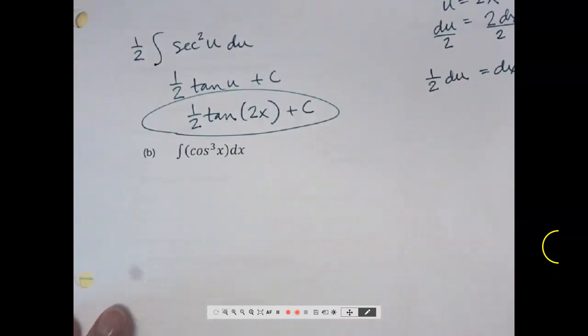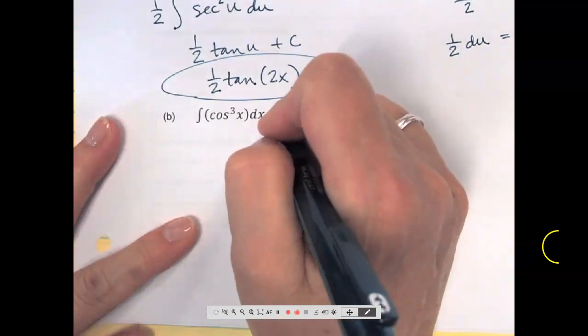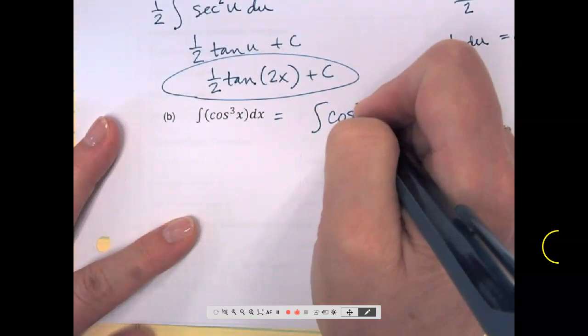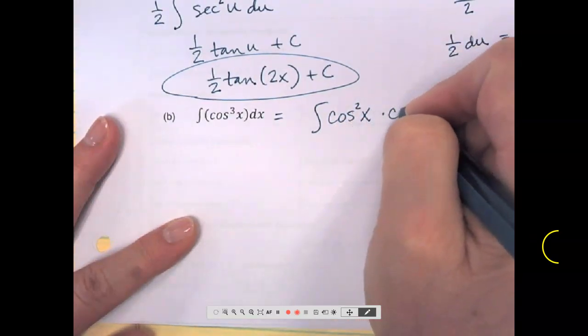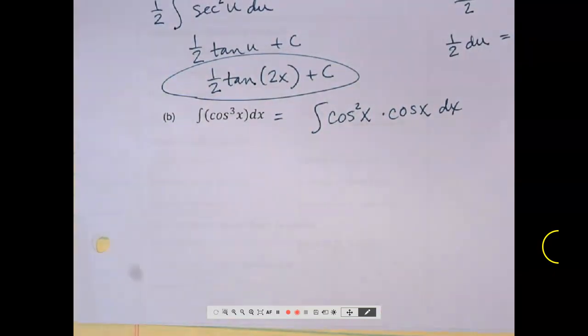Okay, so the next one will be kind of similar, like cosine cubed. Yeah, that's not the derivative of anything I'm familiar with. But we are going to break it down with a trig identity. First thing, I'm just going to say that cosine cubed is cosine squared times cosine.